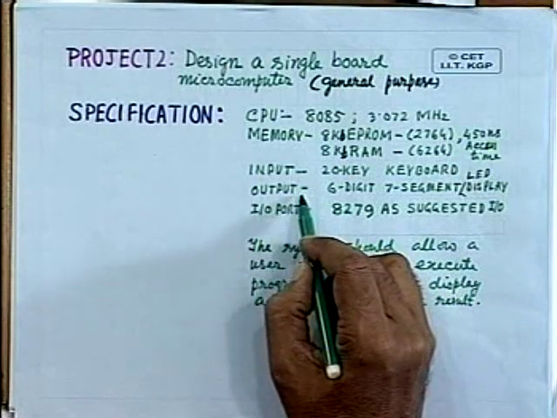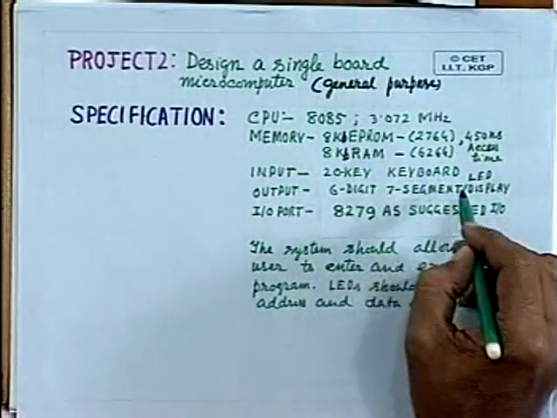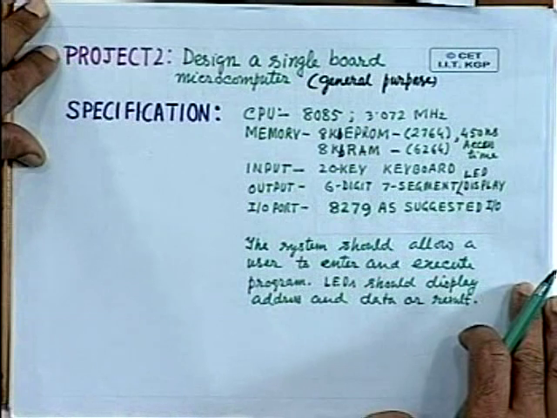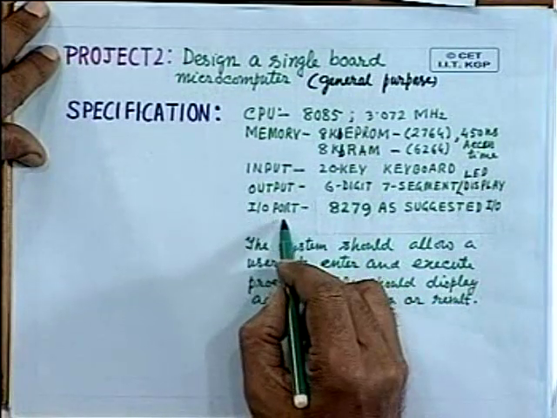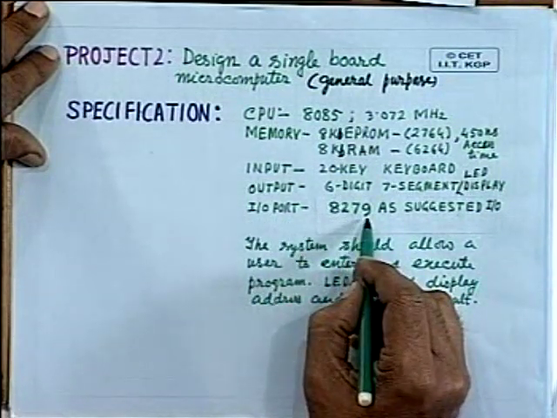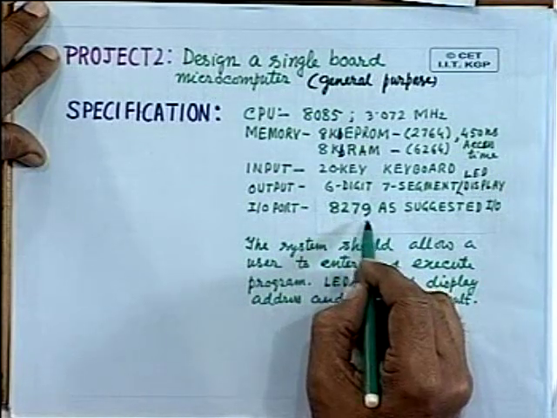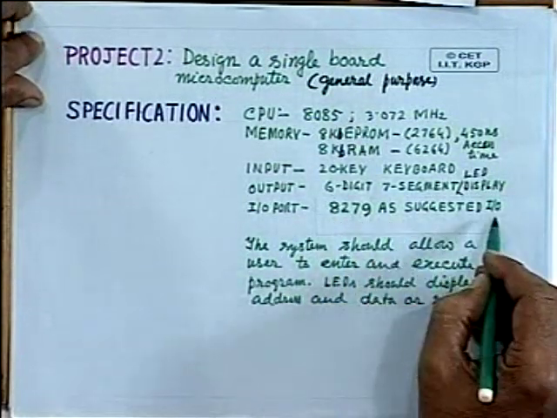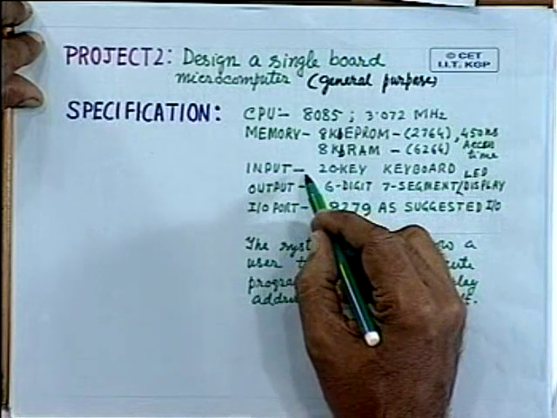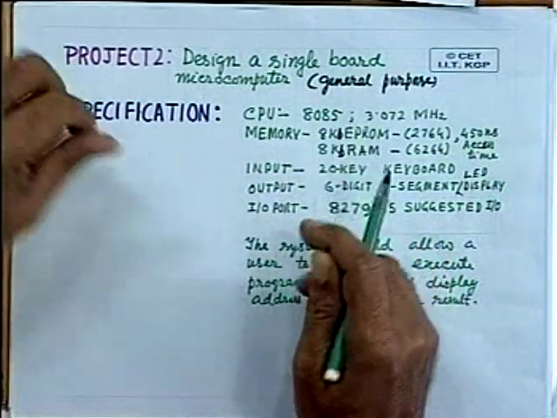And this interfacing of the keyboard and LED display can be done by using the IO port 8279. So 8279 is suggested as the IO for interfacing input and output. Here you could have used 8255.